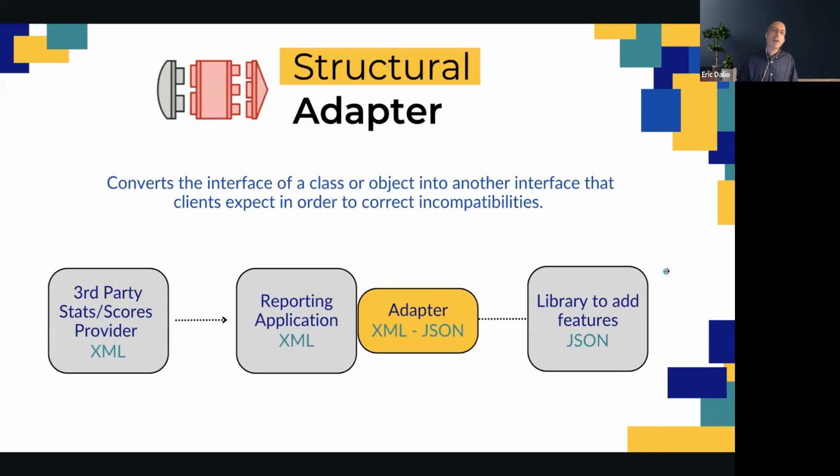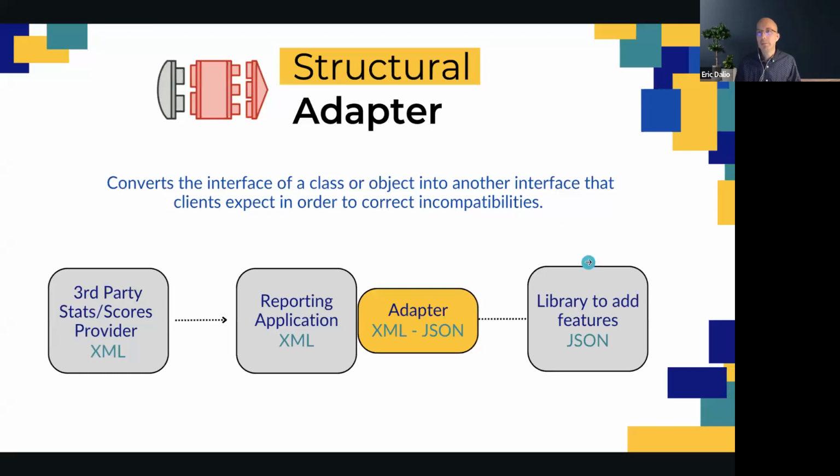So here, zooming in on the adapter pattern, just like it sounds on our phones, our headphone adapters, all those things, it converts the interface of a class or an object into another interface that clients expect in order to correct incompatibilities. For example, if we have built some sort of reporting application, maybe sports scores, stats, stock market, whatever it may be, and we get that information from a third-party provider, and it's all using XML.